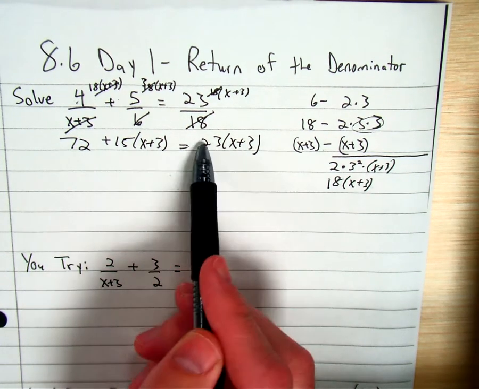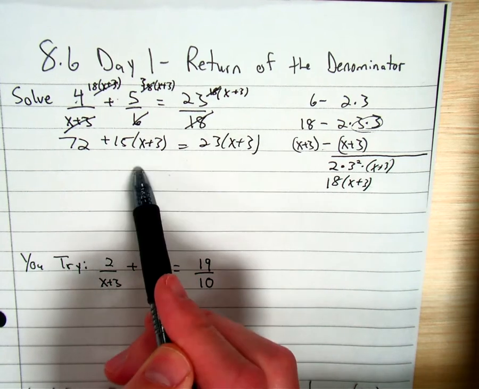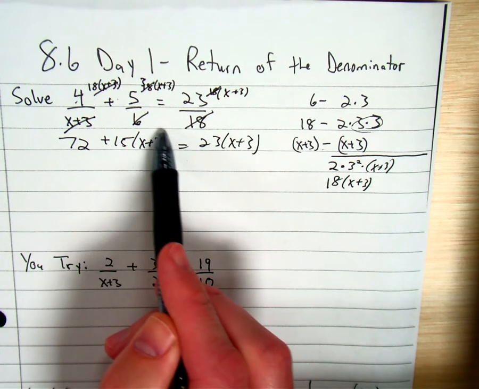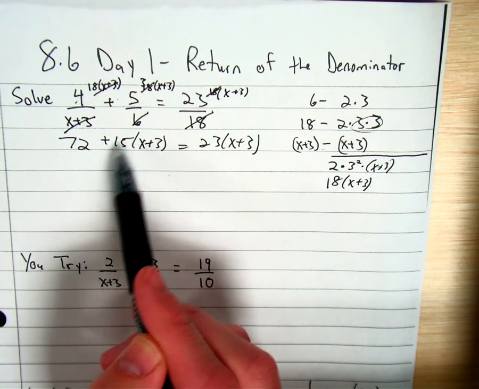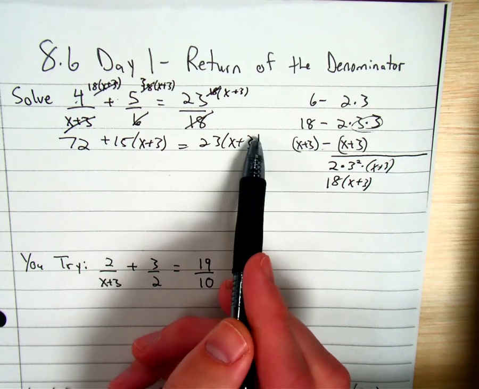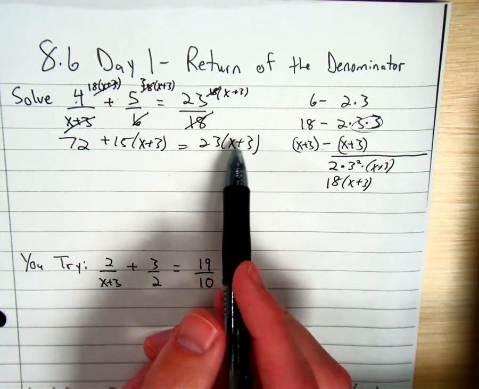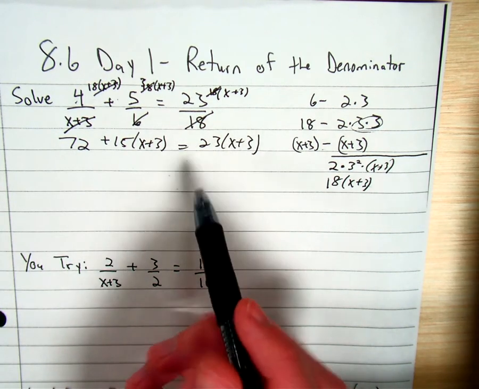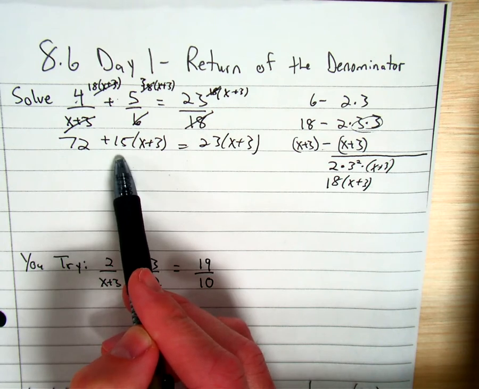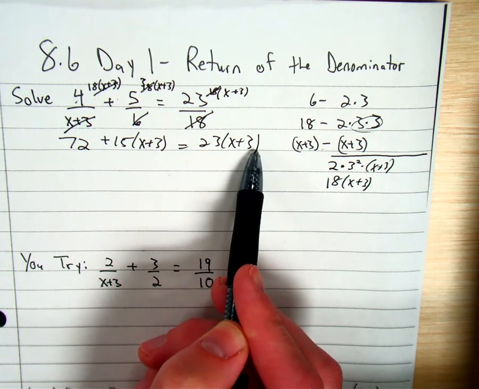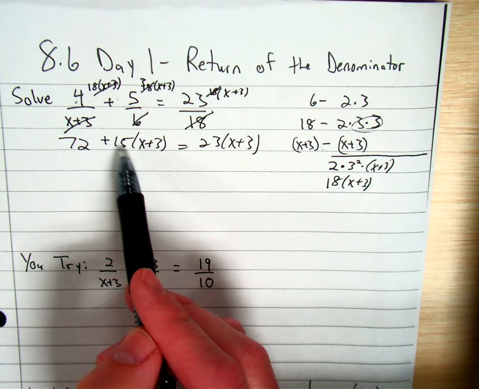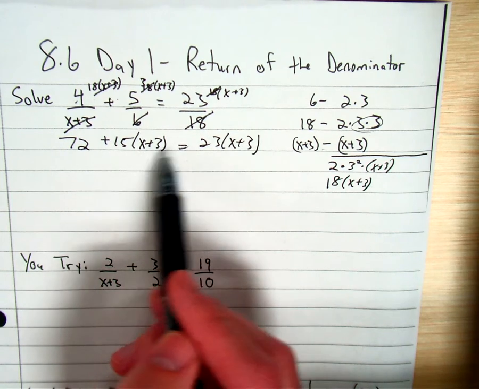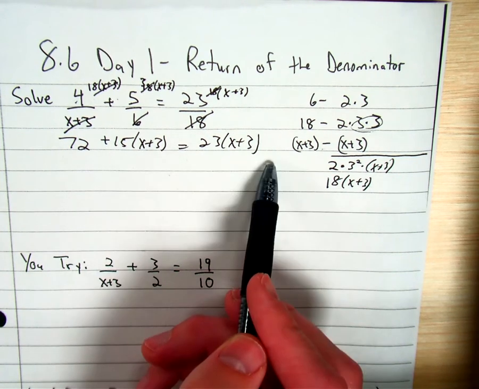Now, I'm going to show you a little bit of a shortcut here. You can multiply these out, 15x, 45, 23x, 69, and then combine like terms and move around like that. Or this is 15 times x plus 3, and this is 23 times x plus 3. It's like 15x or 15w, and this is 23w.